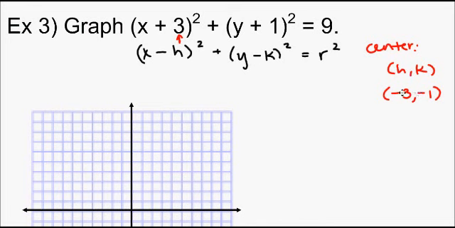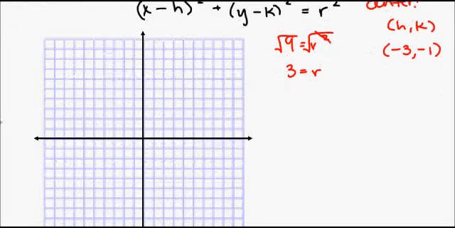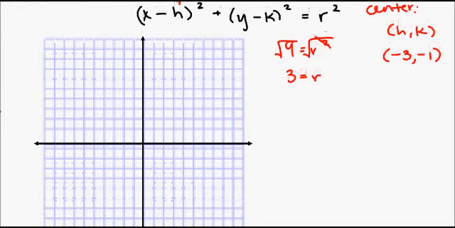So my center is (-3, -1). Now my radius, 9 is r squared. So if I square root both sides, I get the radius is 3. So I'm basically graphing a circle with the center at (-3, -1) and radius 3.